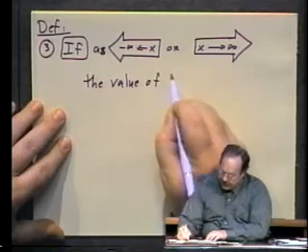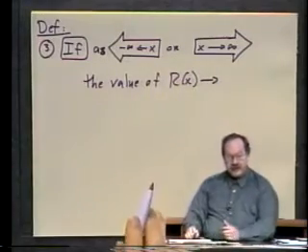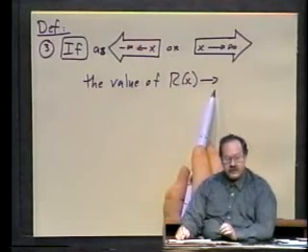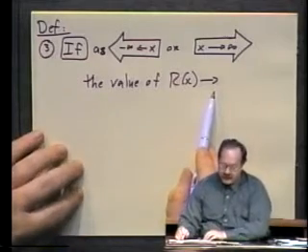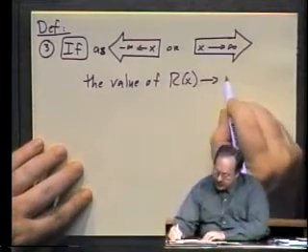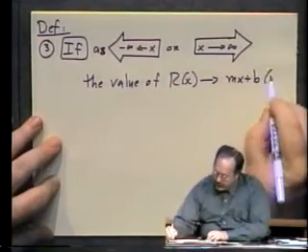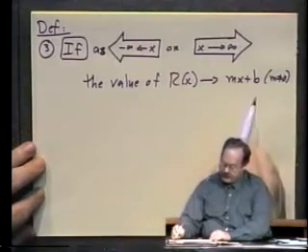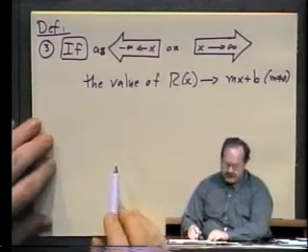the value of r of x, now, instead of approaching infinity, which would be a vertical asymptote, or approaching a constant, which would be a horizontal asymptote, now it's going to approach a line, which is neither vertical nor horizontal, so I'll have to write it as mx plus b, where m is not 0. So we're not talking about a constant, which would make it a horizontal line. We're talking about some slanted or oblique line.